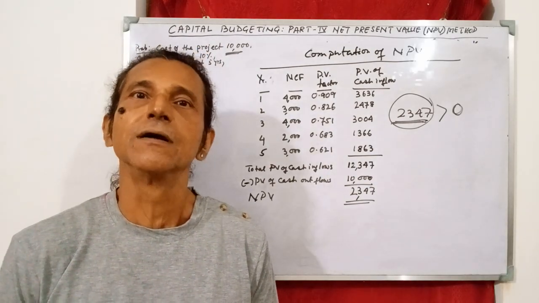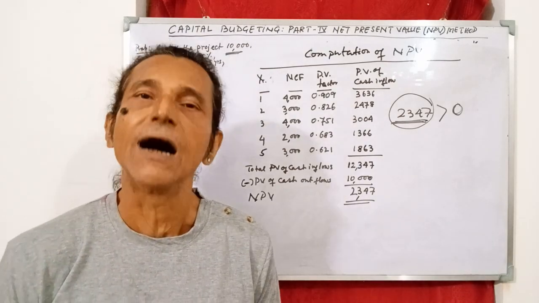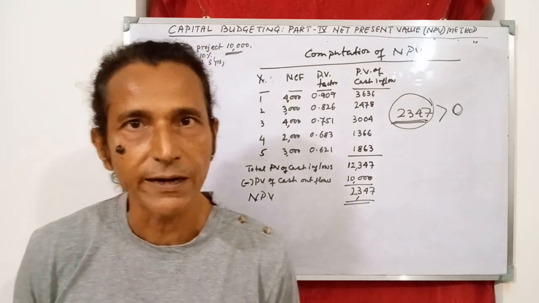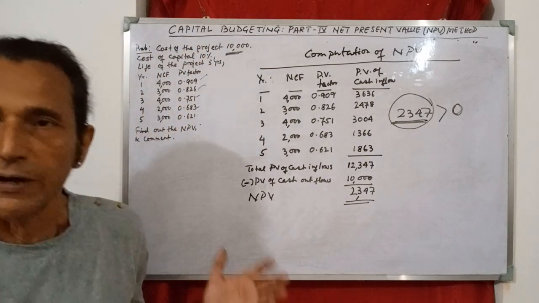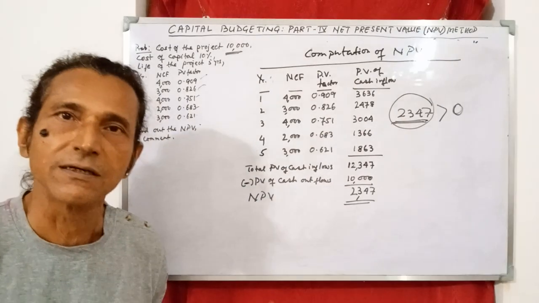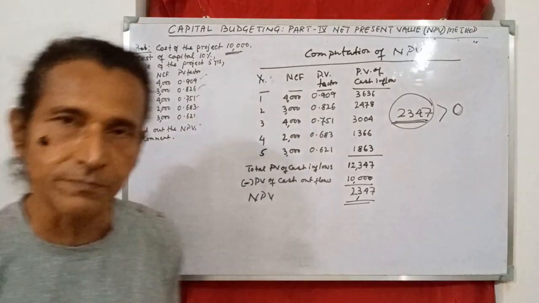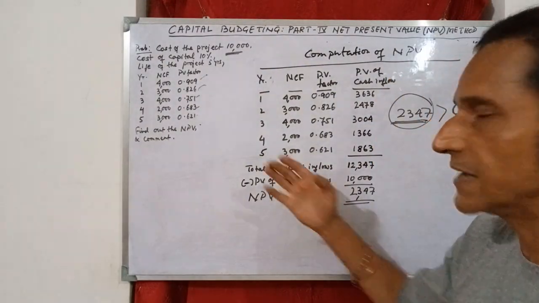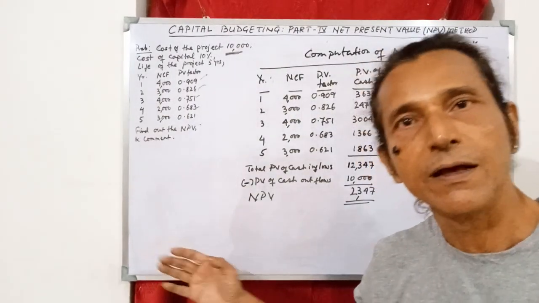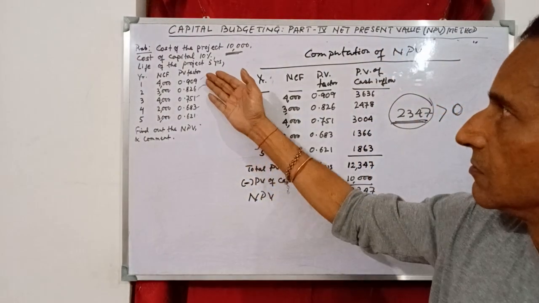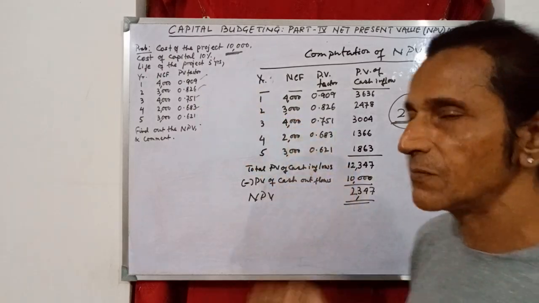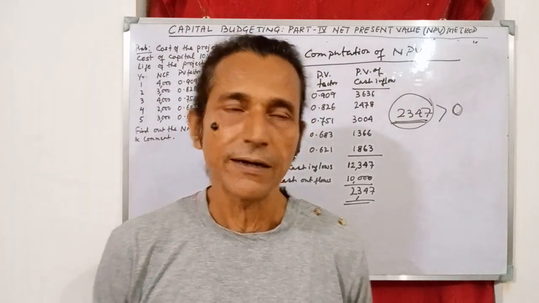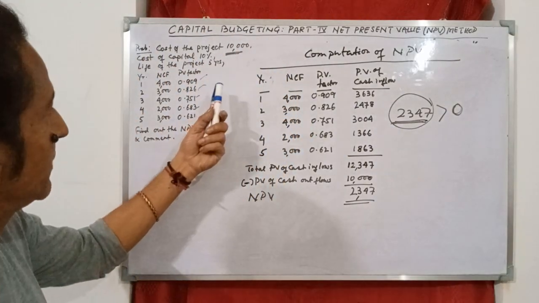Cash flows, whether outflows or inflows, are quantitative aspects and cash inflows are qualitative aspect. Correct? And the qualitative aspect is given importance under the net present value method. Correct? And we have also discussed how you can derive the formula of NPV and how you can put the values of the discount factors directly to find out the present value of the future cash flows, whether inflow or outflow. Correct? And I have already solved one numerical problem here.